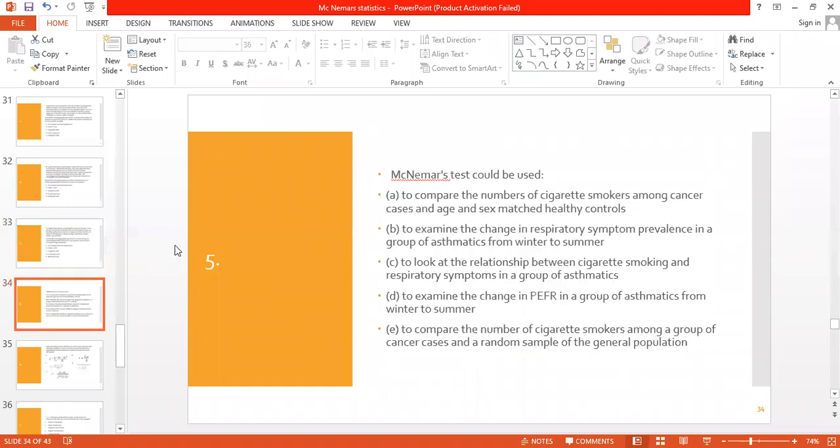McNemar test could be used to compare the number of cigarette smokers among cancer cases and age- and sex-matched healthy controls, to examine the change in respiratory symptom prevalence in a group of asthmatics from winter to summer, to look at the relationship between cigarette smoking and respiratory symptoms in a group of asthmatics, to examine the change in PEFR in a group of asthmatics from winter to summer, to compare the number of cigarette smokers among a group of cancer cases and a random sample of the general population.